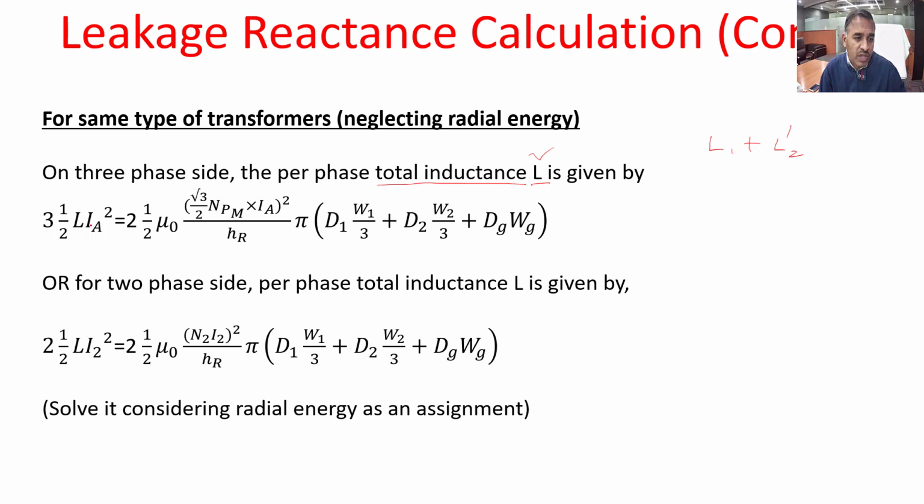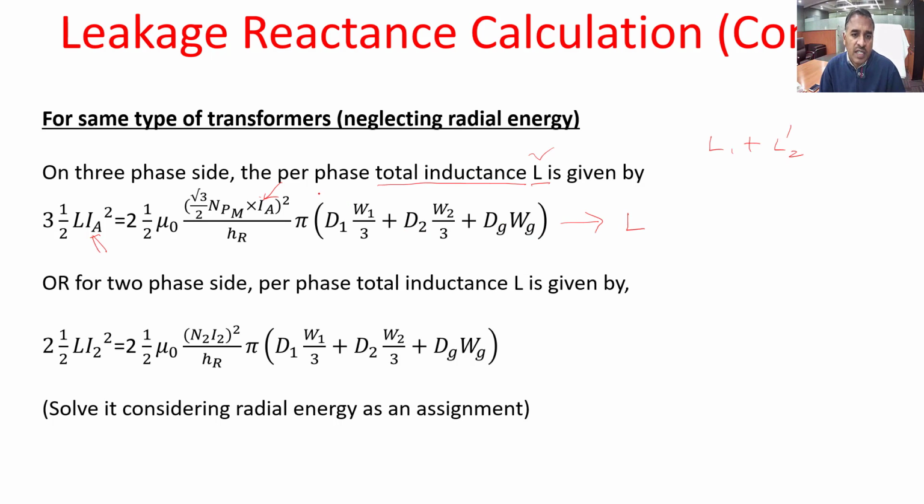So half into L into Ia square, where Ia equals Ib equals Ic, is the total energy on the primary side, equals, here I have replaced the MMF with root 3 by 2 NPM into Ia, because this Ia should get cancelled out with this Ia here and here. That is the purpose. You have to use this equation.